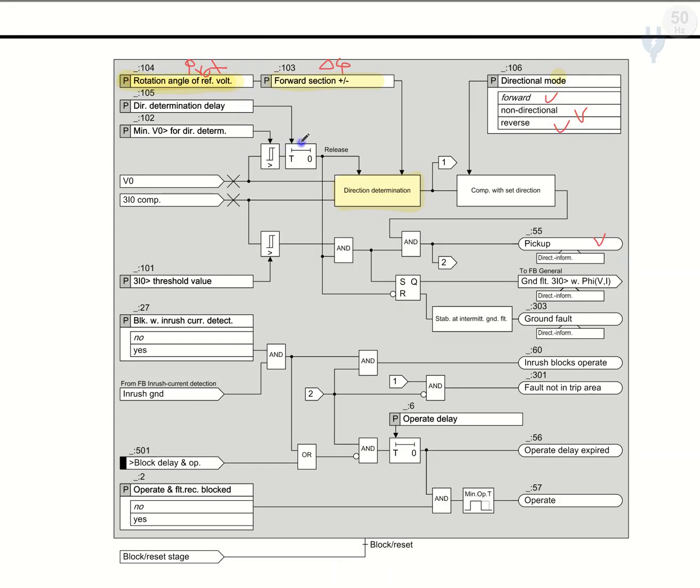Here in this block, we give 0.1 second as a delay, and the minimum zero sequence voltage for direction determination we gave as 2 volts.